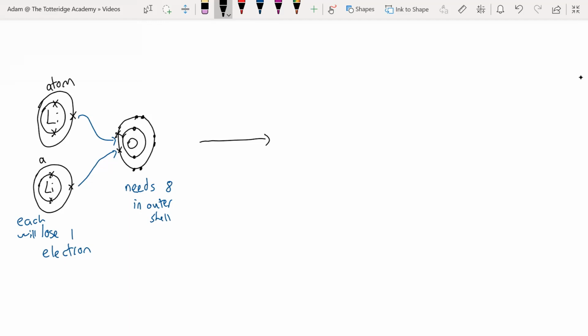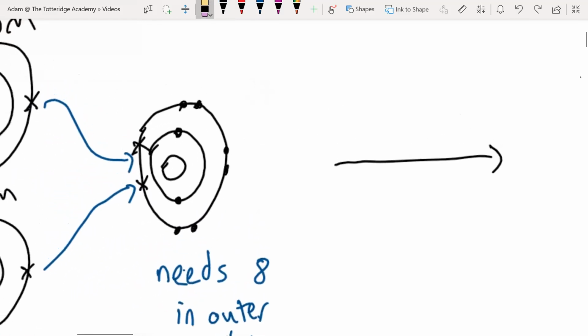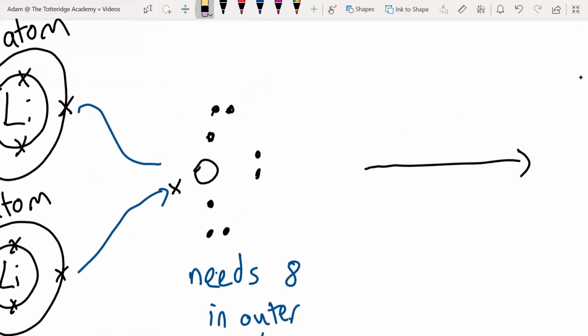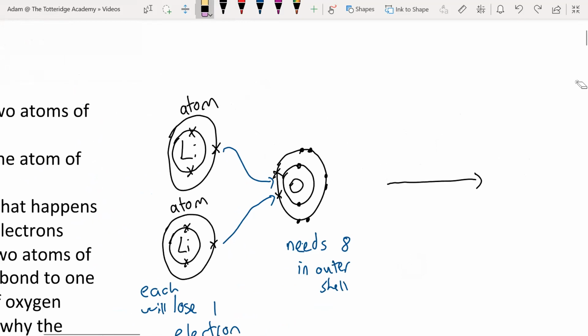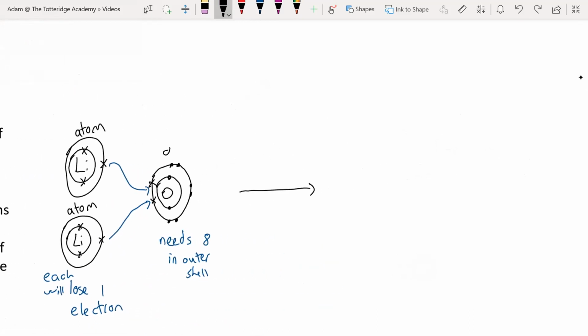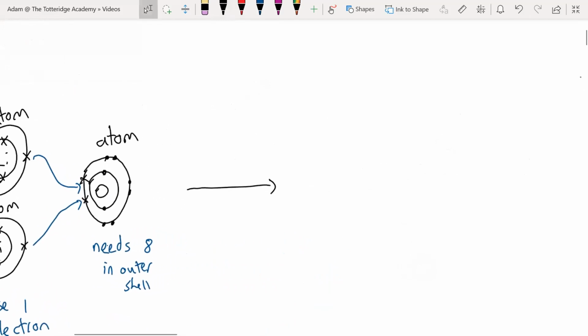I have this lithium here as an atom, and I have this oxygen here before it took those extra electrons. Let's see if I can be really precise with my rubber. It's really difficult to do. No, can't do it. Okay, so before I gained the extra electrons from the lithium, I would have had it as an atom. So if we're ignoring that one and that one, it would be an atom.